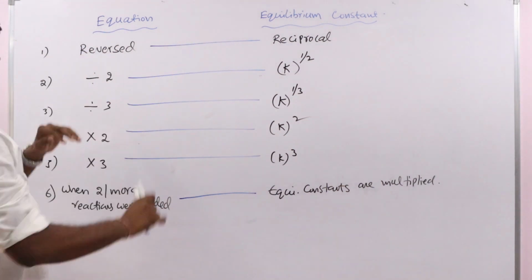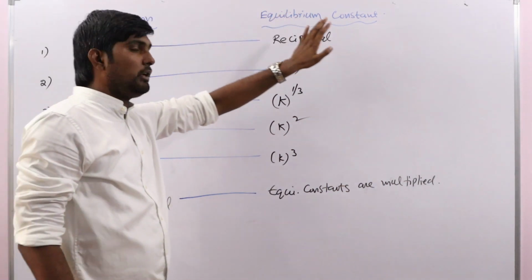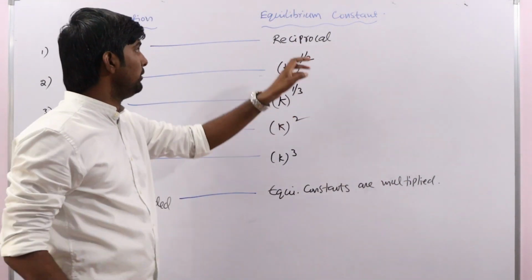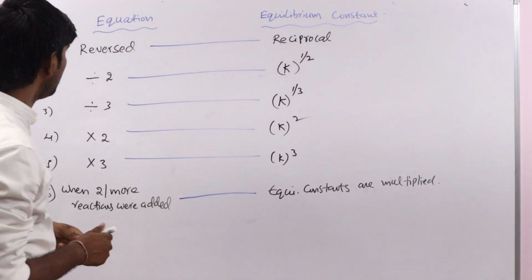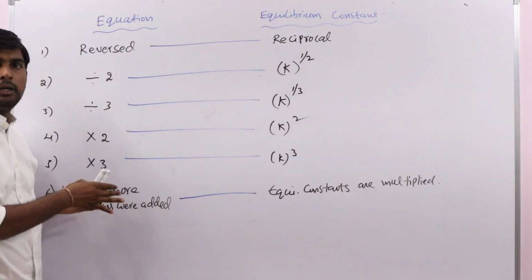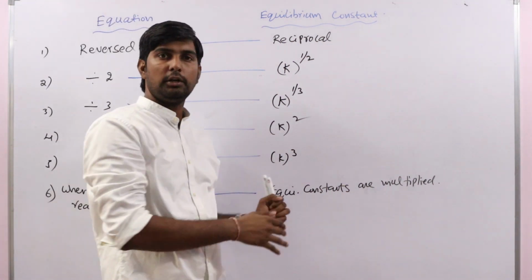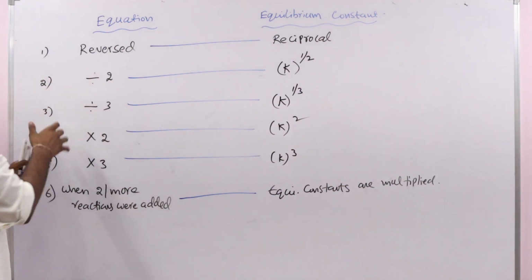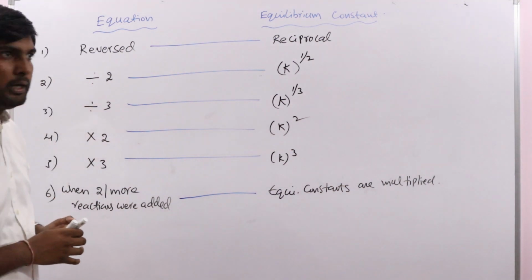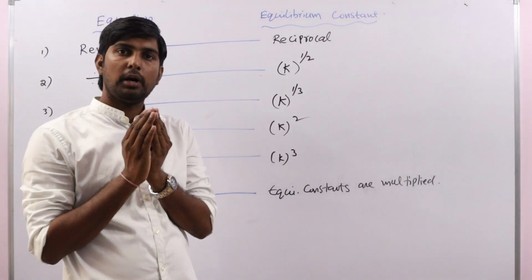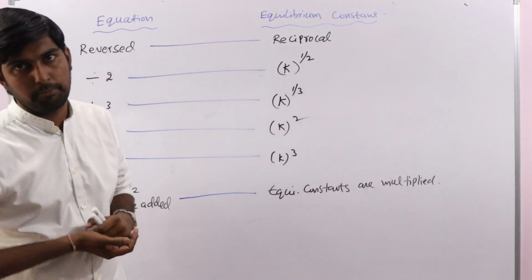Clear? When a reaction is reversed, the equilibrium constant for the new reaction is the reciprocal of the old one. If a reaction is multiplied by some number, then the new equilibrium constant equals the old equilibrium constant whole power that number. If a reaction is divided by some number, the new equilibrium constant equals the old equilibrium constant whole power 1 by that number.